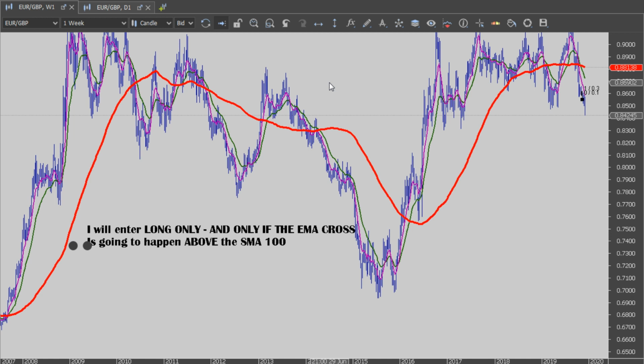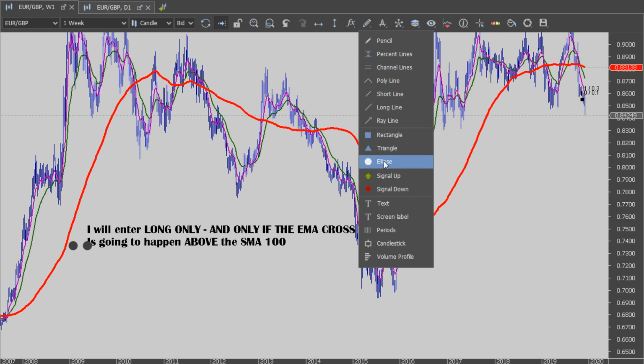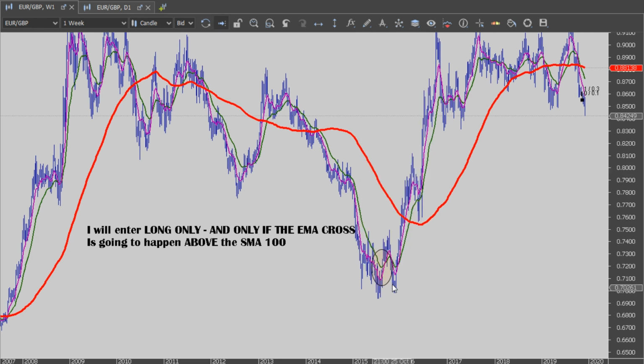I will enter long only and only if the EMA cross is going to happen above the simple moving average of 100, right? So this cross happened below, I didn't enter. This cross happened below, I didn't enter, right?